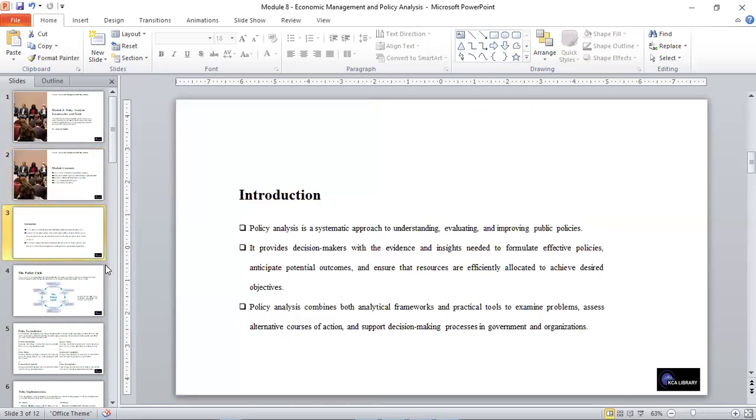When we talk about policy analysis, this is a systematic approach to understanding, evaluating, and improving public policy.